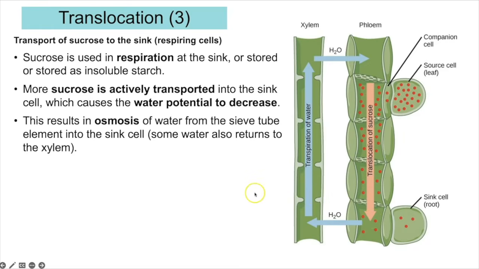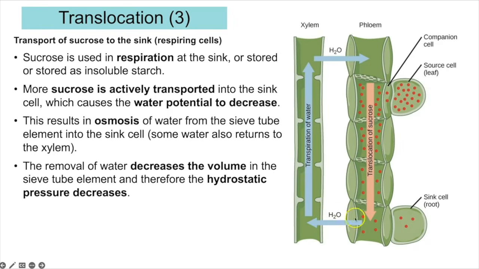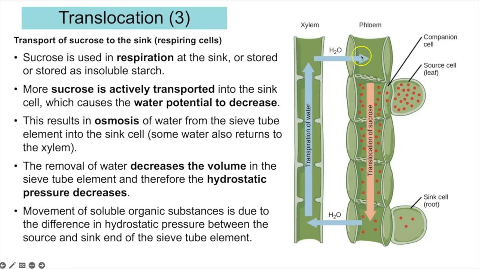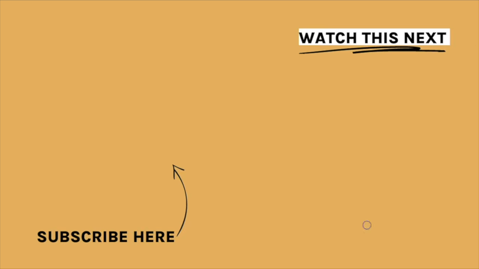So some water also returns to the xylem as well. The removal of that water decreases the volume in the sieve tube element, and therefore the hydrostatic pressure decreases. And there we have that pressure gradient then, because you've got a high hydrostatic pressure at the source compared to the sink end of the sieve tube element, and therefore the solution moves en masse.